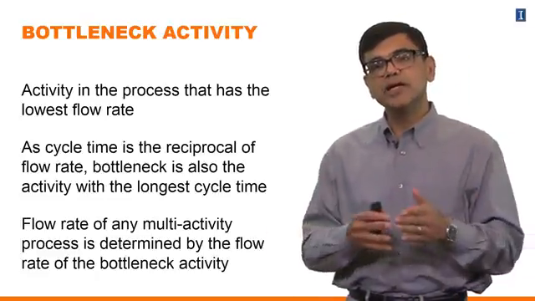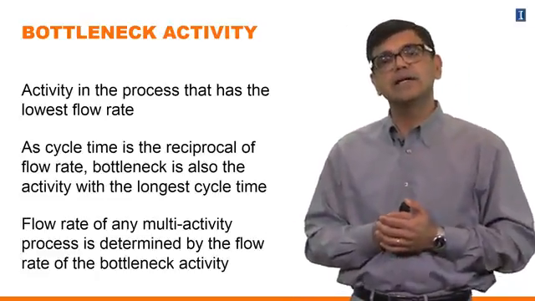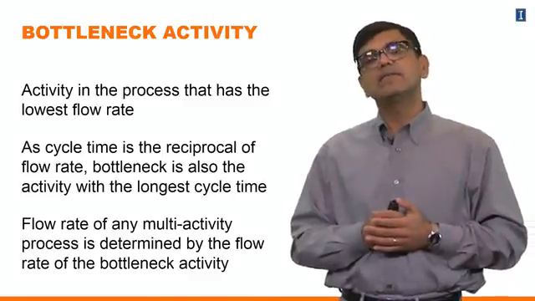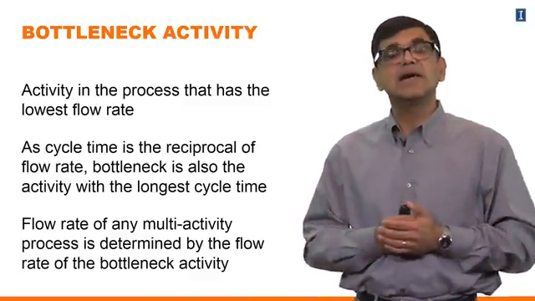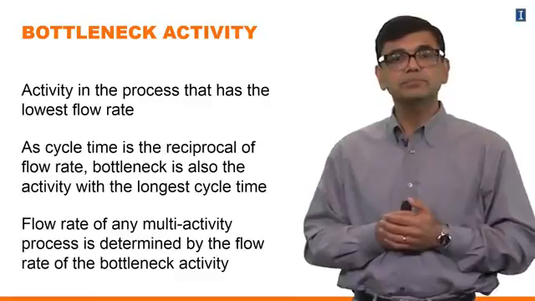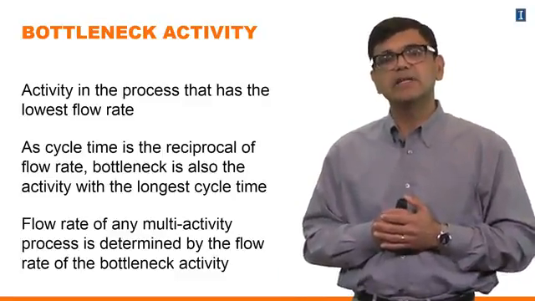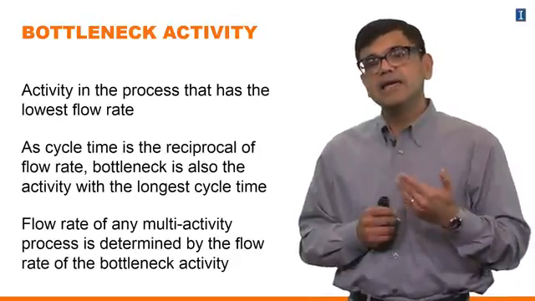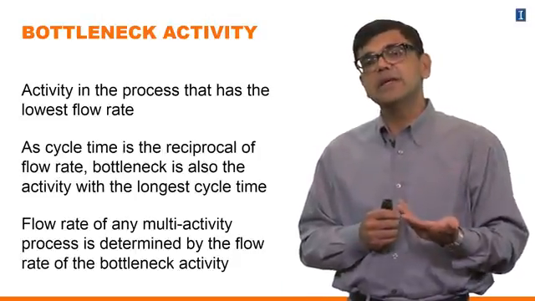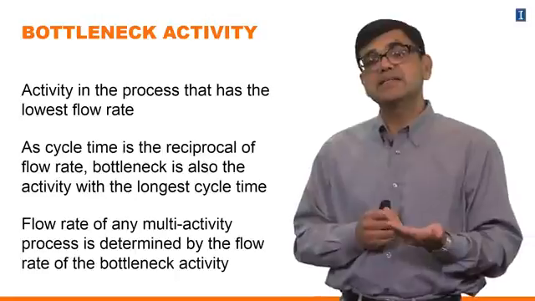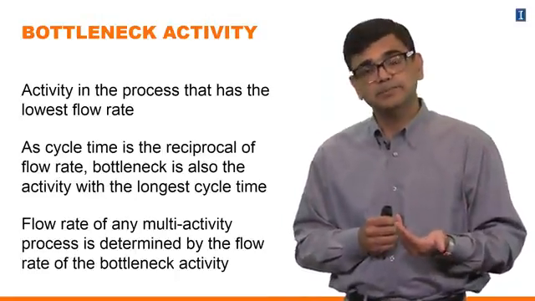So when you're talking about multiple activities in a process, a bottleneck is defined as the activity that has the smallest capacity. A more precise way of thinking about a bottleneck activity based on flow rate is it is any activity that has less capacity than the demand that's placed upon it, right?